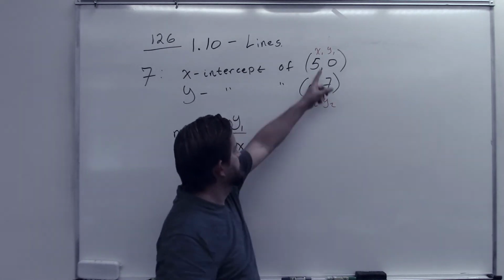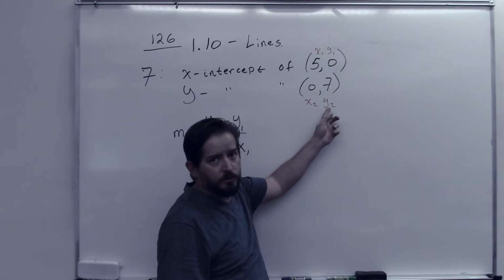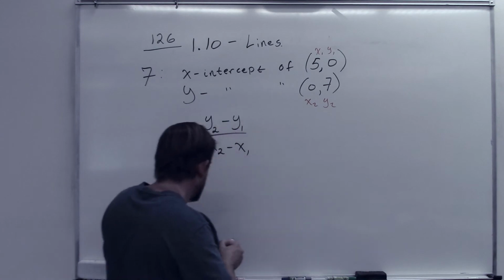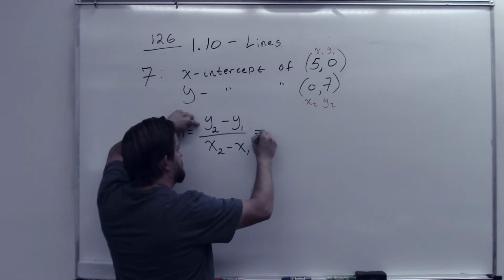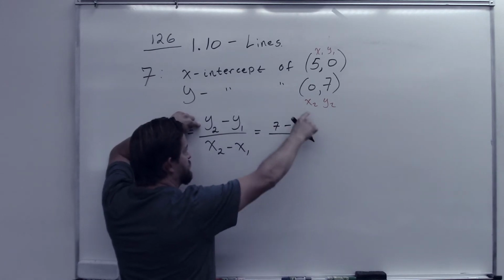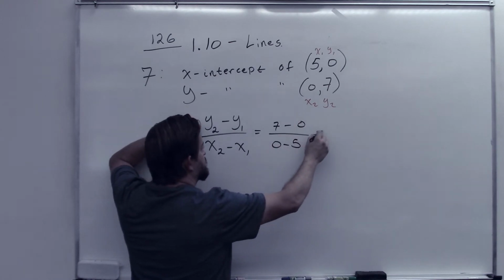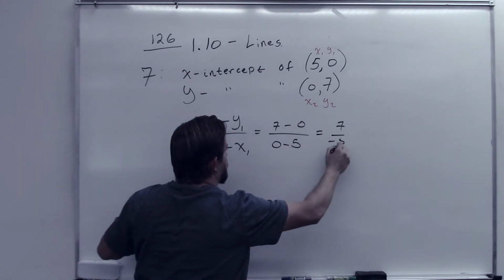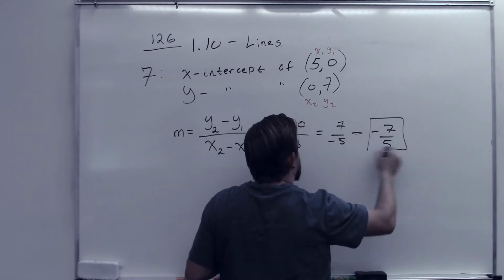It just really means the x value of one point, the y value of that one point, and the x value of point 2, the y value of point 2. So I just plug this stuff in here. y2 is 7. y1 is 0, so 7 minus 0, over x2, which is 0, minus x1, which is 5, and so I get 7 over -5, or -7/5. Right? That's my slope.